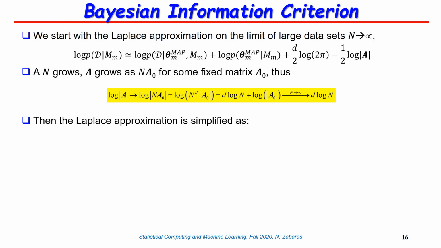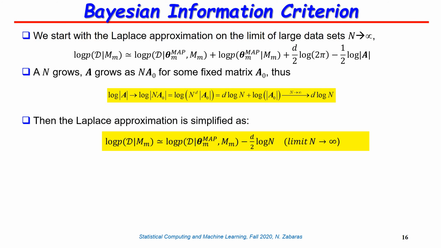So we have a nice approximation for the log of the determinant of A. When you have a lot of data, the log of A0 term becomes insignificant with respect to the d log n term, so you can drop it, for n a very big number. So effectively, as n goes to infinity, the log of the marginal likelihood is approximately the log of your likelihood evaluated at theta MAP minus d over 2 log n.